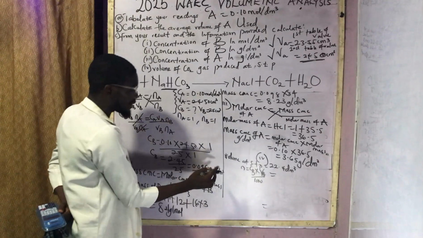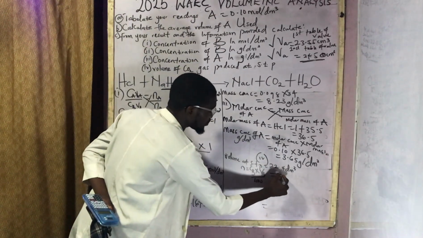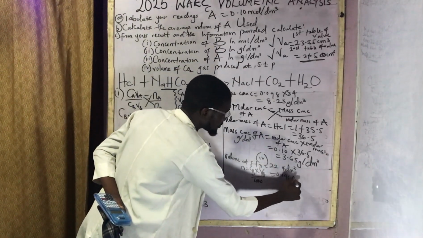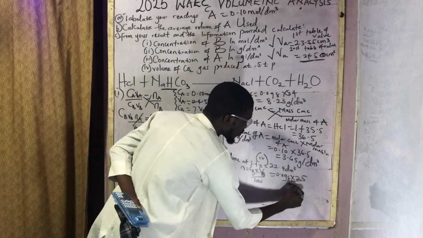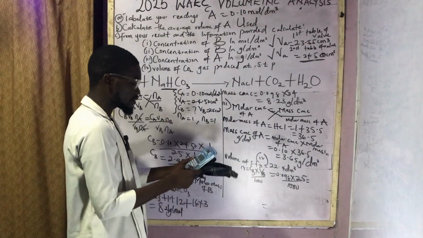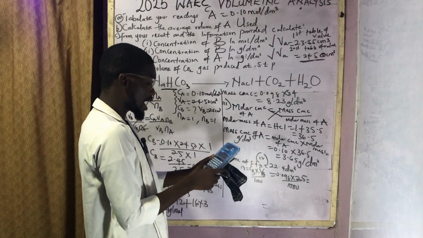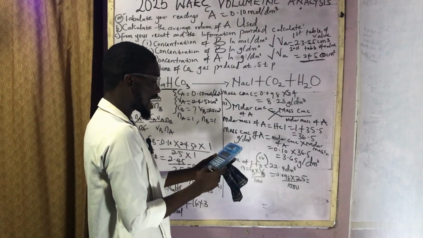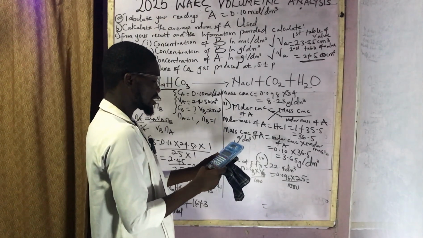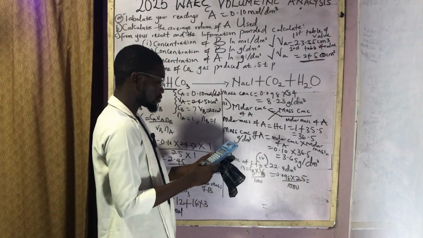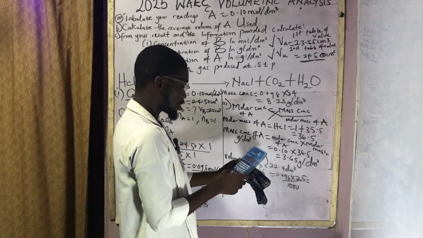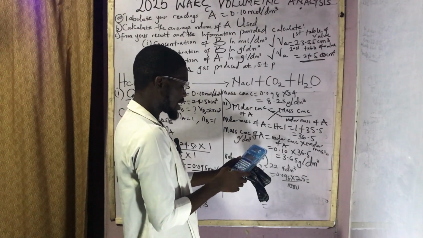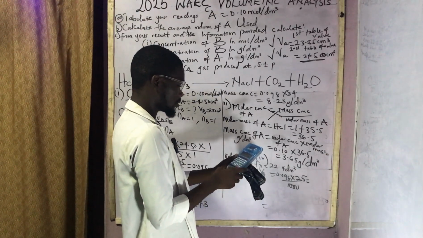So the value of CB here is 0.098 multiplied by 25 divided by 1000. So let's see what we are going to have: 0.098 times 25 divided by 1000.